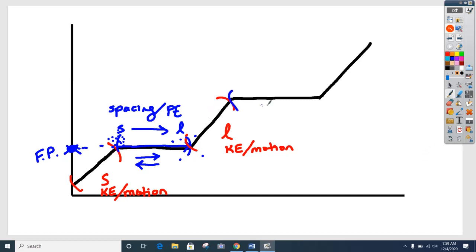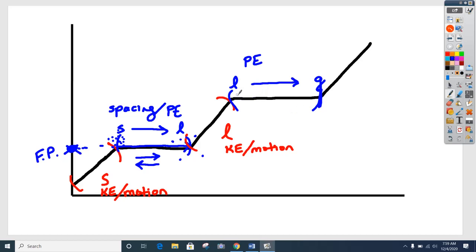When you get to this part of the graph, you have another phase change. Your spacing changes, and therefore your potential energy changes. Right here, you're going to have more liquid, and then the molecules are going to spread further apart from each other. Right here, you'll have more or all gas once you get to the end of this flat line.